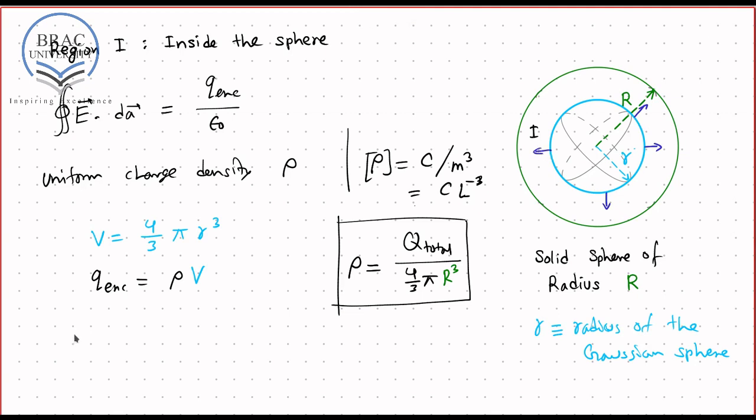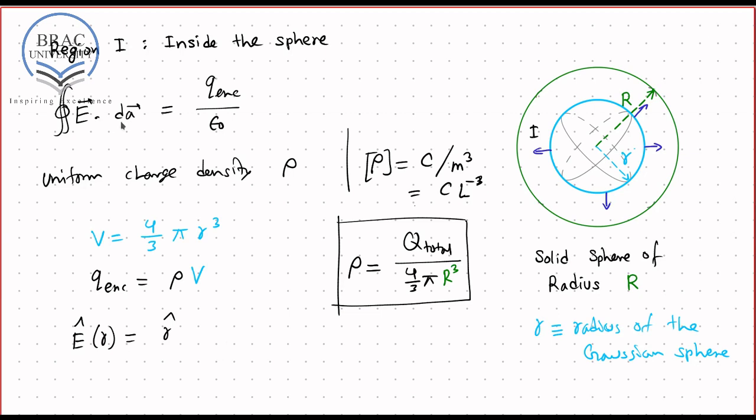So whatever the electric field is at that distance from the center, its direction is along r hat, radially outward. So I can write E hat as r hat, radially outward.